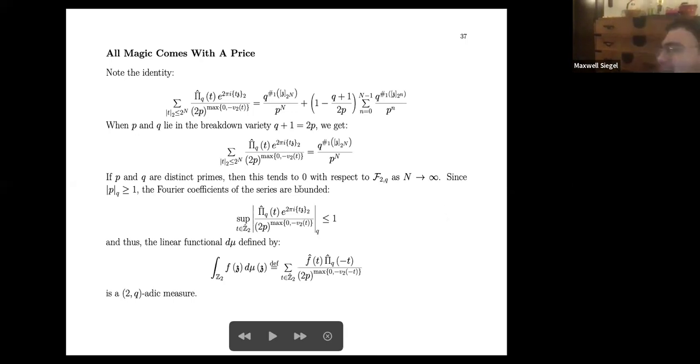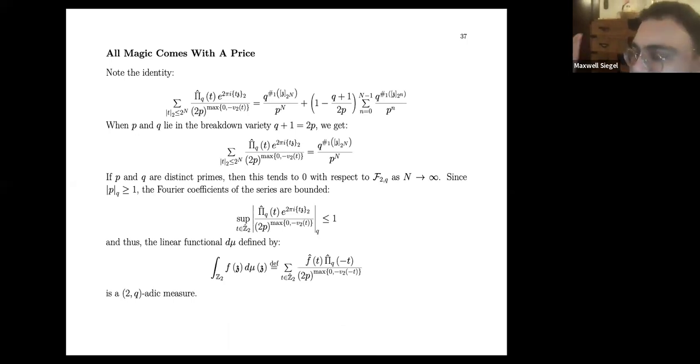So quasi-integrability, it's a bit technical, but the idea is that I say that a function is quasi-integrable if there is a measure such that the Fourier-Stieltjes transform of the measure generates a Fourier series which converges to our function with respect to a certain frame.